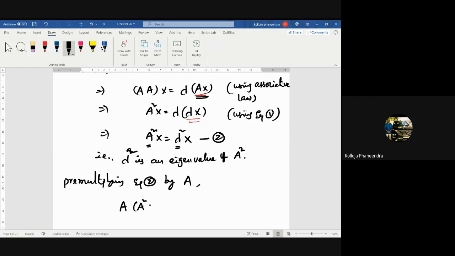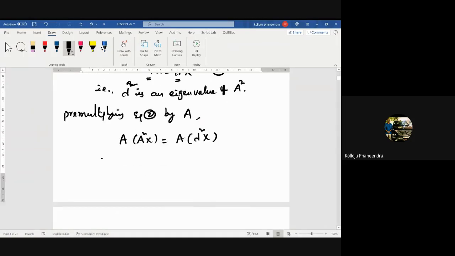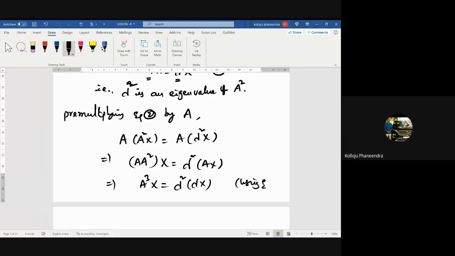Then A into A square x equal to A into lambda square x. Again, same logic, using the matrix associative property, A into A square x equal to lambda square into Ax. That implies A cube x equal to lambda square into lambda x, again using Ax equal to lambda x from equation 1.